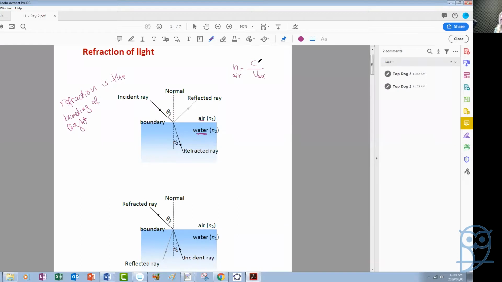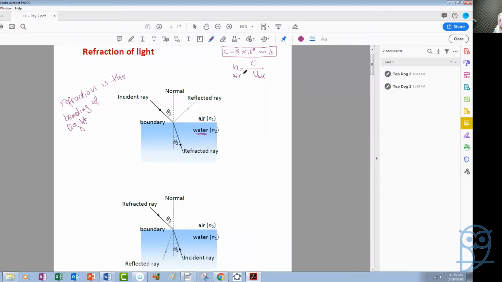And of course, this is the speed of light in vacuum, which is a constant. It has a specific value, a very important value, the speed of light in vacuum, which is 3 × 10⁸ meters per second. We take it as a universal constant.